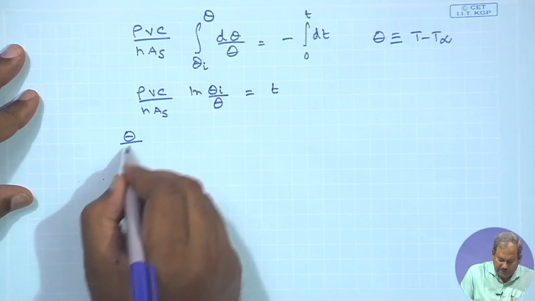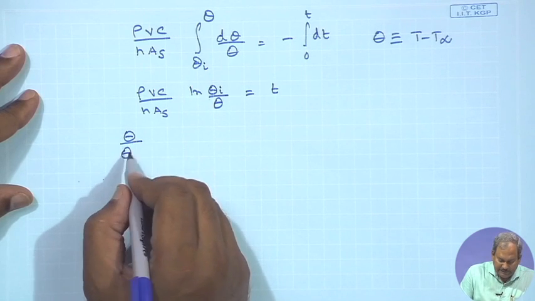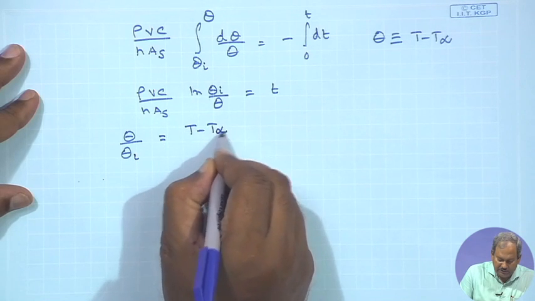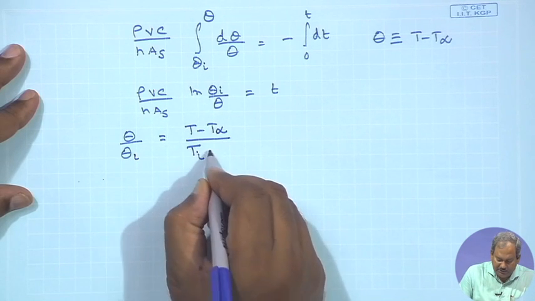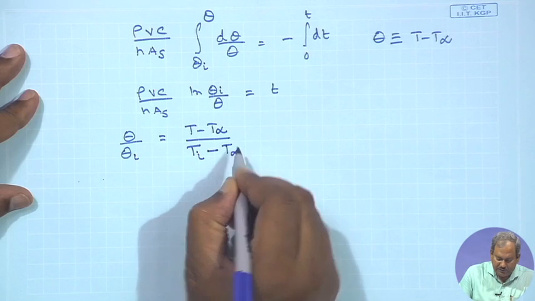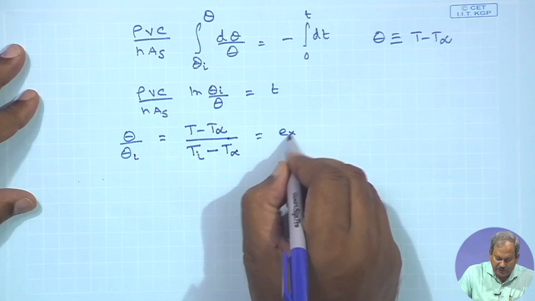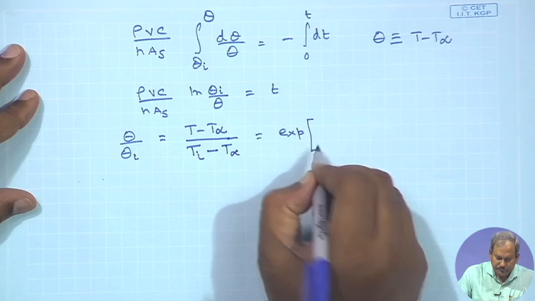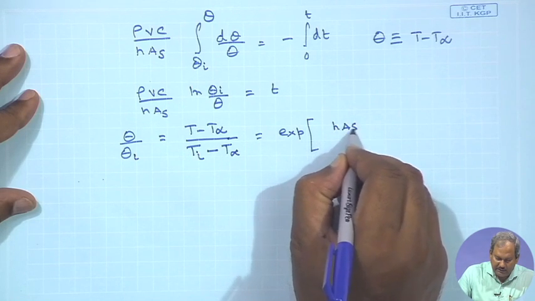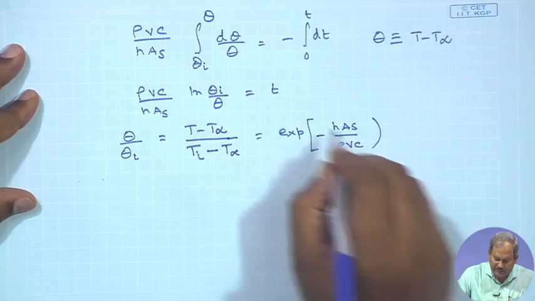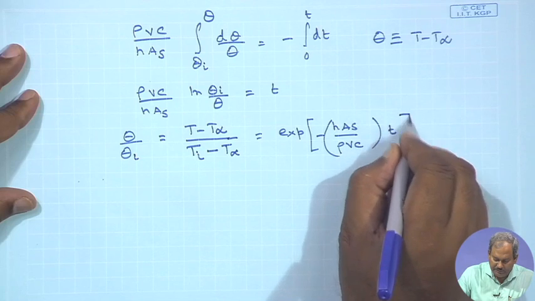So, therefore, theta by theta i would be equal to (T minus T infinity) divided by (T i minus T infinity), where T i is the initial temperature of the solid before it is exposed to the convection environment, is equal to exponential of minus h A s by rho V C times t.